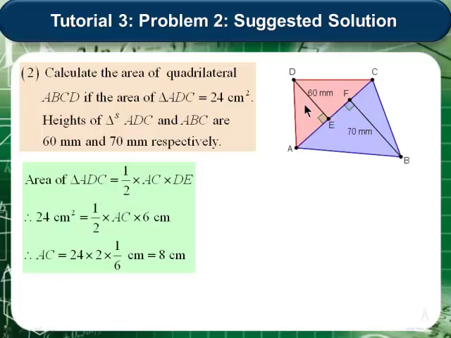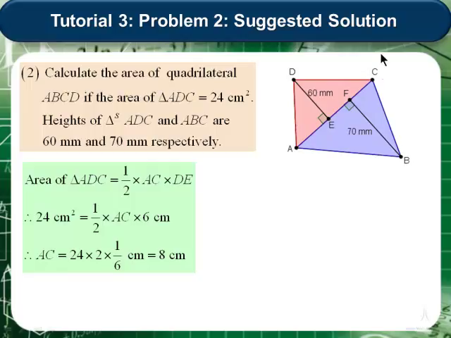So firstly, if we start with the red triangle, we know its area, and we can say that its area is half the base AC times the height DE, and because we know DE and we know the area, we can calculate AC to be 8 centimeters.